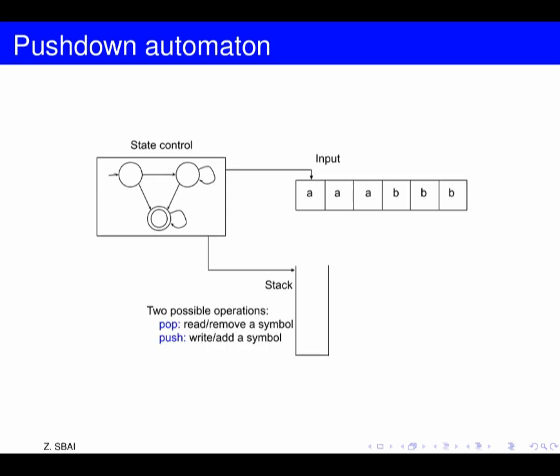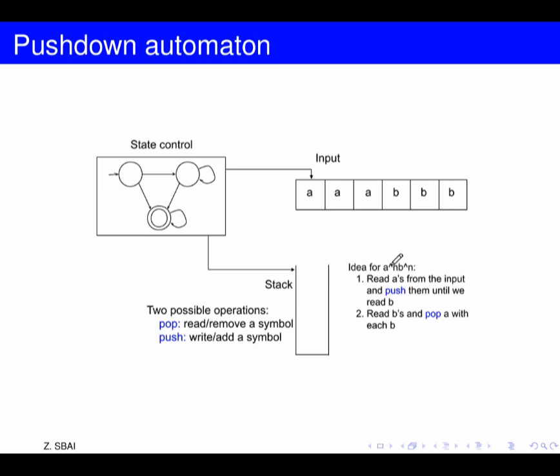We have two possible operations. The first is pop, which means that we read and remove a symbol from the stack, and this symbol is on the top. The second operation is push, which means that we write a symbol on top of the stack. We will use these two operations in a pushdown automaton.